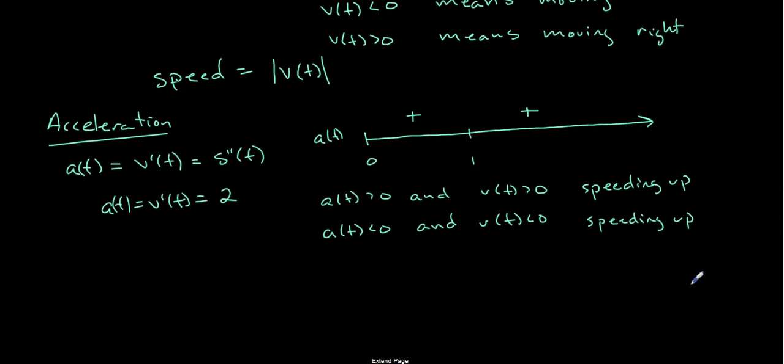Okay. What if a of t is less than 0 and v of t is greater than 0? So we're walking in the positive direction. Acceleration is going this way, though. Slowing down. Yeah, slowing down. Why are we slowing down?